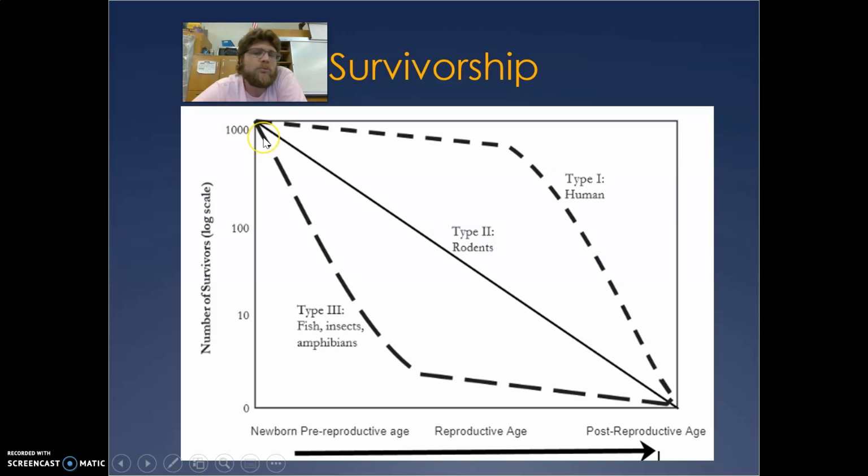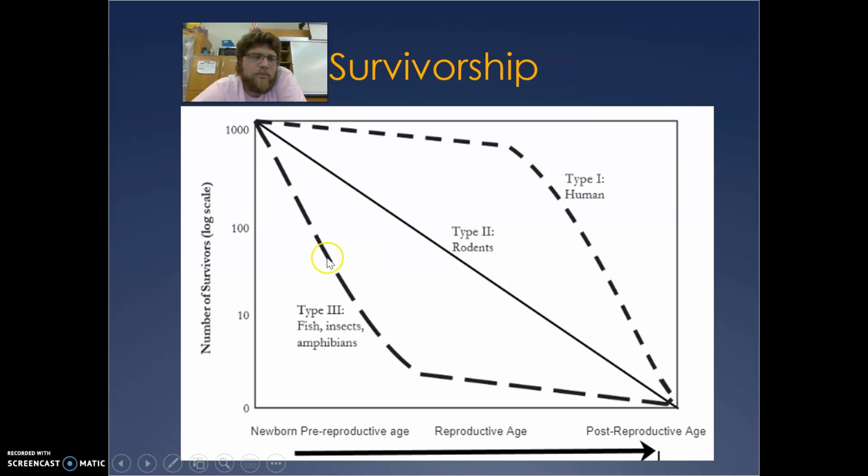So in type 1, more K-selected, the deaths don't happen so quickly. Not as many newborns are dying, a slower death rate at the beginning, and then at a certain age, that death rate increases, usually post-reproductive. So a lot more of the organisms in type 1 are making it to reproductive age, and the majority of them are dying at the post-reproductive age.